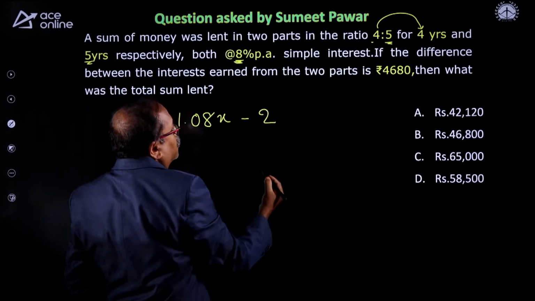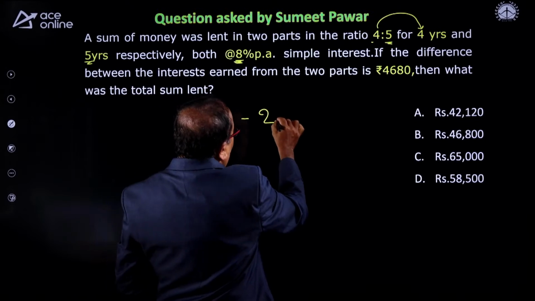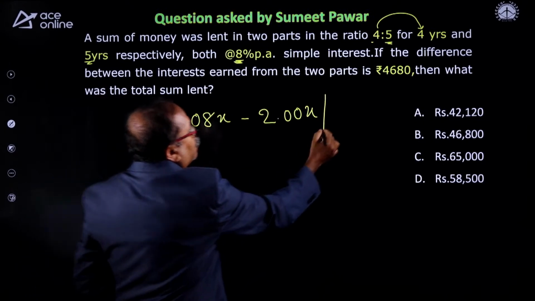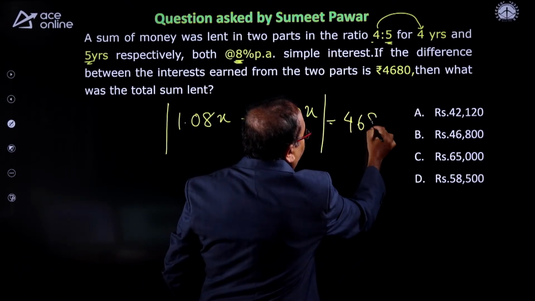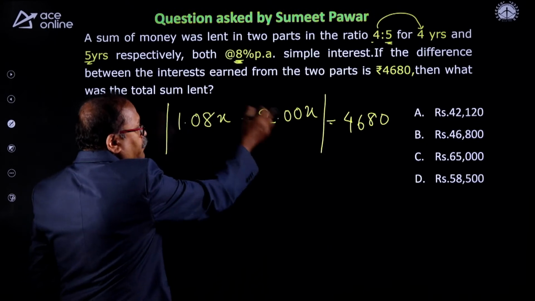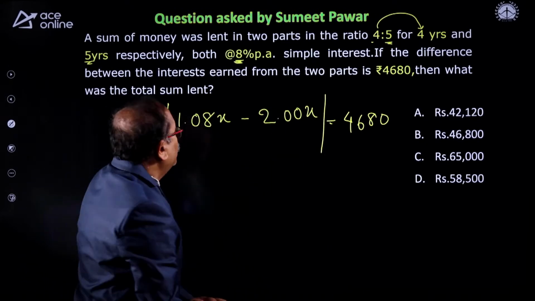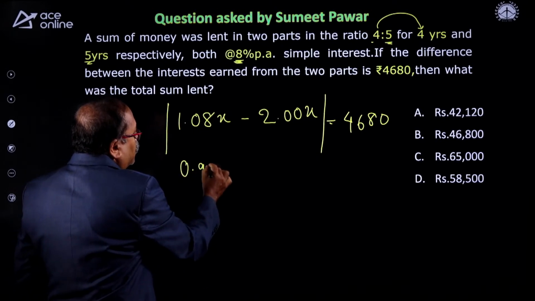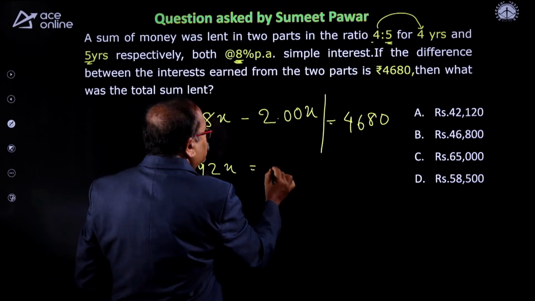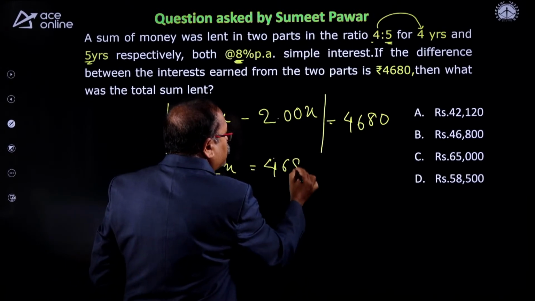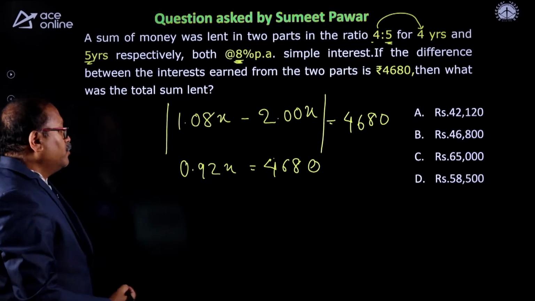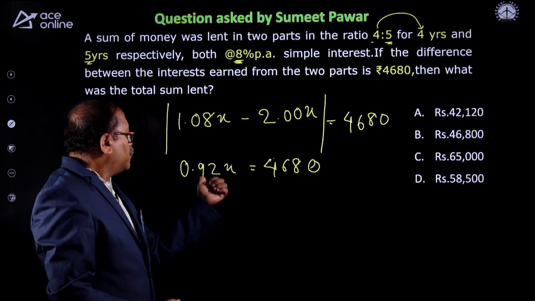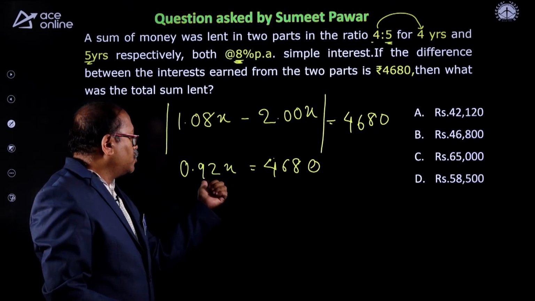So that is 2.00x, and that difference is given to us is 4680. It's a difference, that means mod. So I noticed that this should be 0.92x, and which is equal to 4680. Will it get cancelled by 5, 9, 5 or 6?